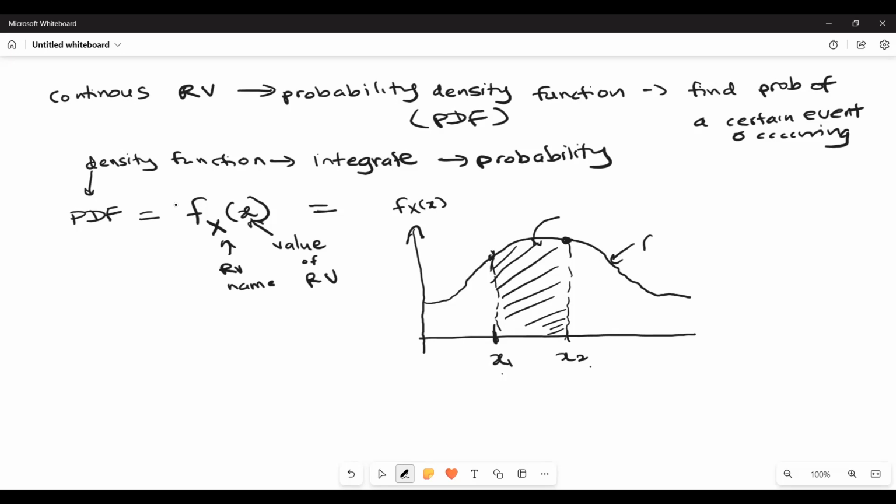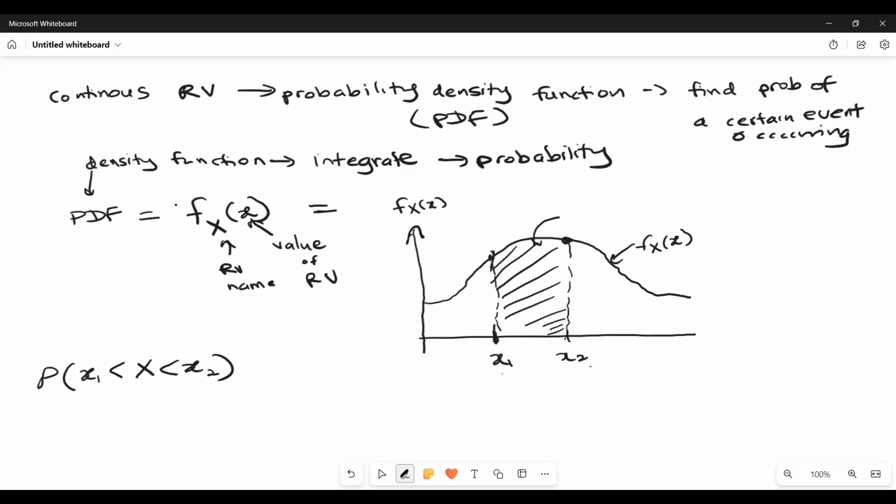So this function, as we said, is f_X(x). I need to find the integration between these 2 points. We can denote this as the probability of the event occurring between x1 and x2. We can put the equal signs as we prefer.